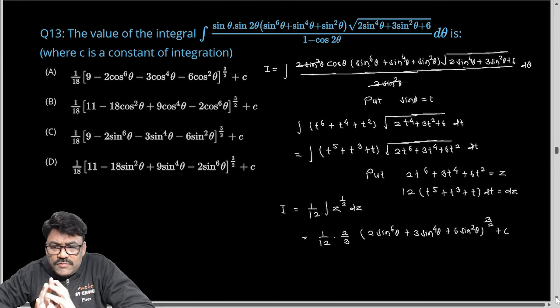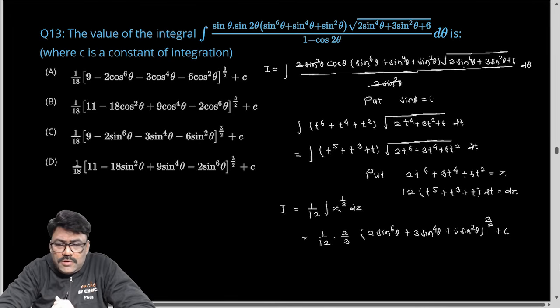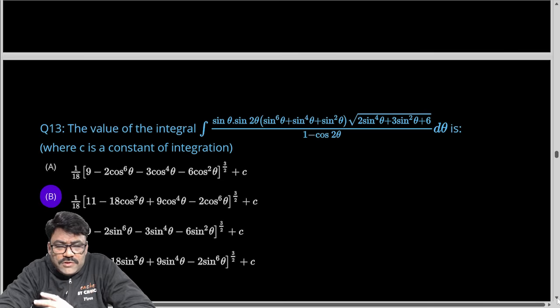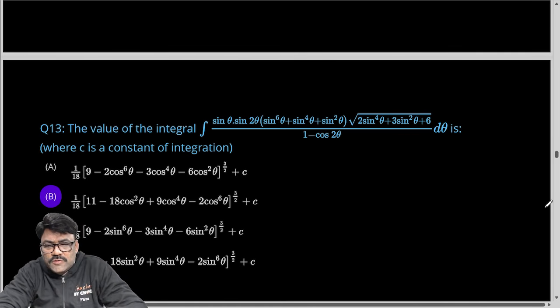And in case option is not matching, then try to convert sine in terms of cos. Let me check which option is correct here. B option, yes, it is. They have given in terms of cos. So you have to convert sine in terms of cos, then option will match.